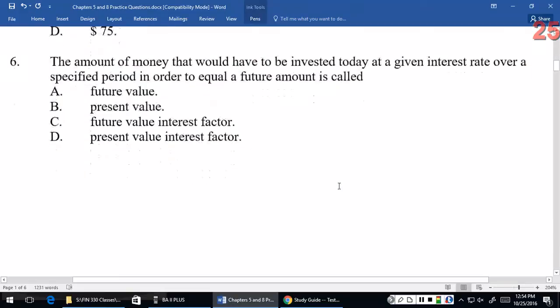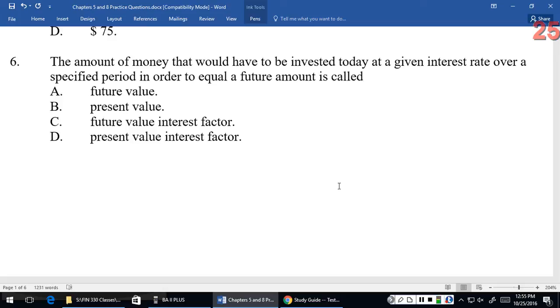Okay, number 6, the amount of money that you would have that would have to be invested today at a given interest rate over a specified time period in order to equal a future amount is called what? Okay, now the wording of this is what throws a lot of people off.